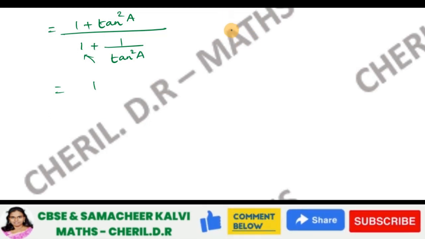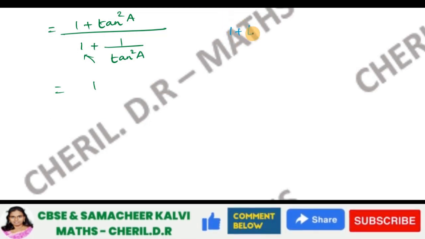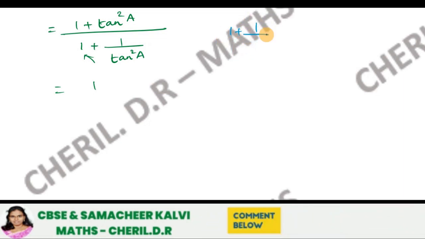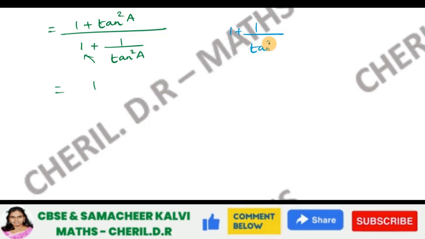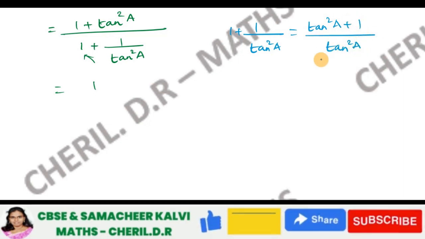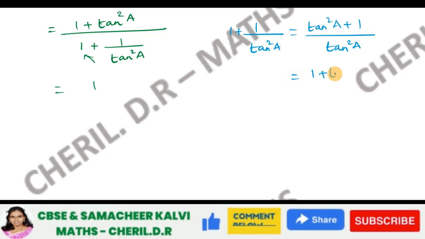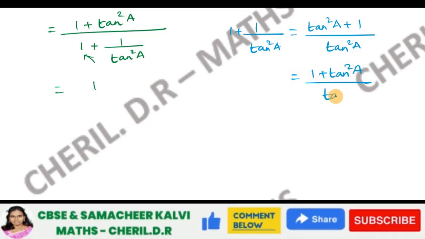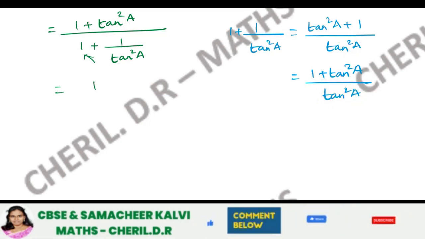Let me do it in the rough column here. I am just taking the denominator alone. 1 plus 1 by tan square A will be equal to tan square A plus 1 by tan square A. I can also write it as 1 plus tan square A divided by tan square A.